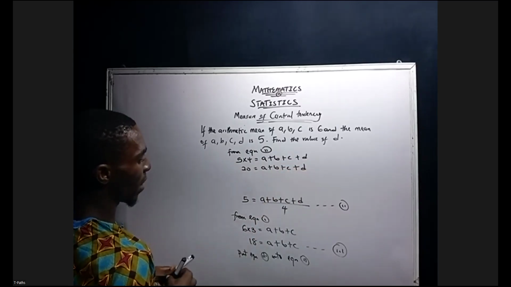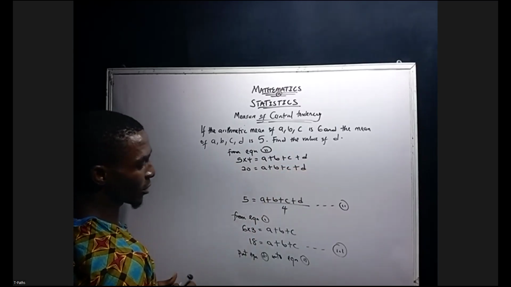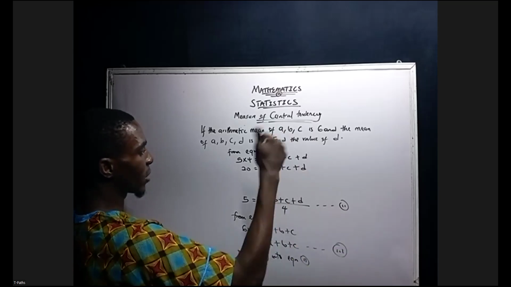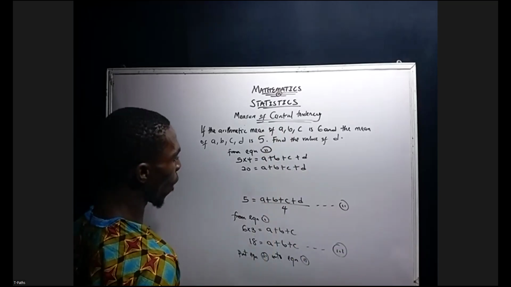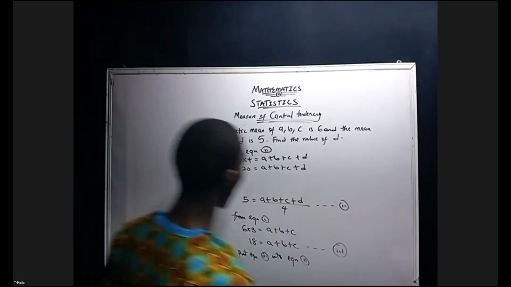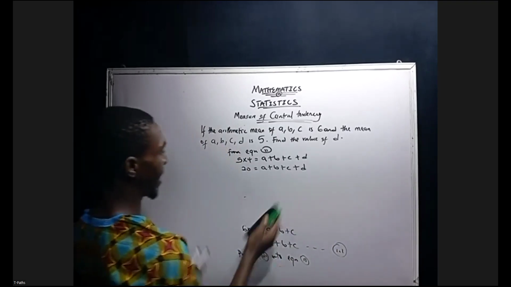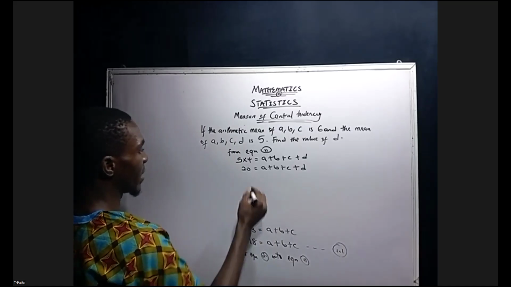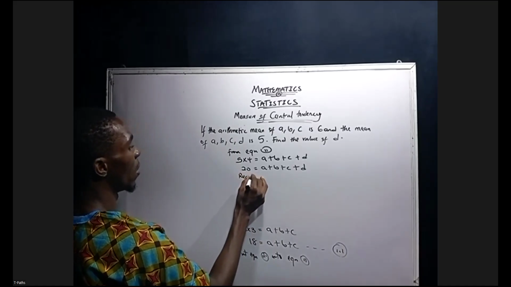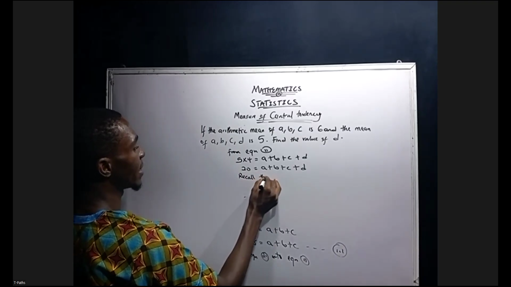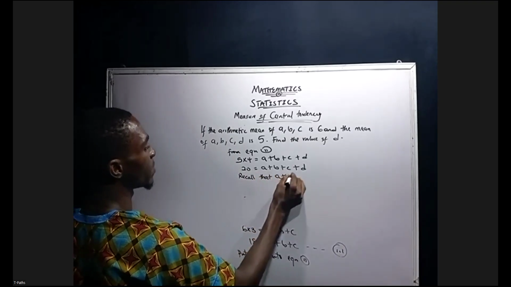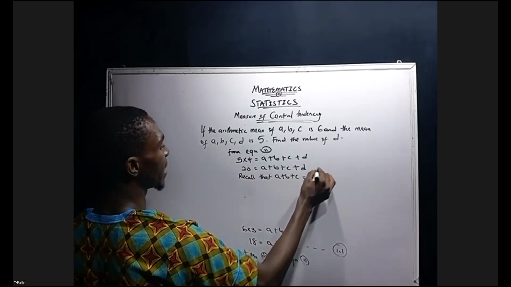Now, we want to put the value of equation 3 into equation 2. Anywhere we see A plus B plus C, we replace it with the value of 18. Recall that A plus B plus C equals 18.